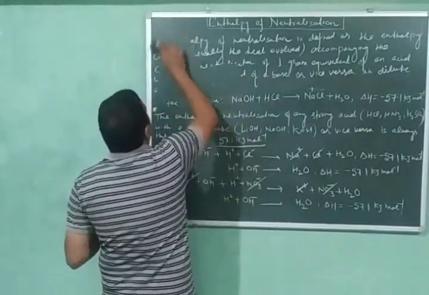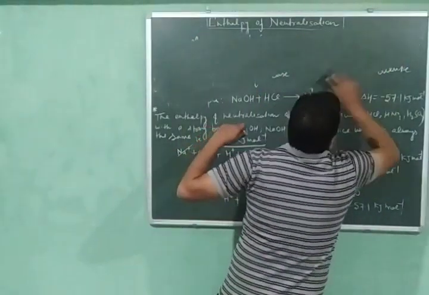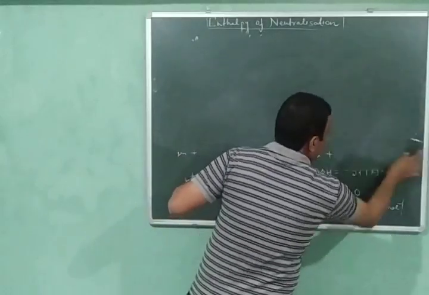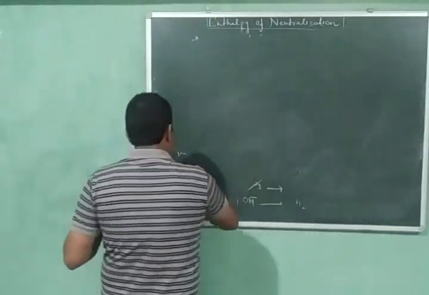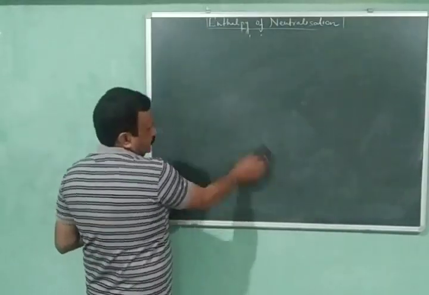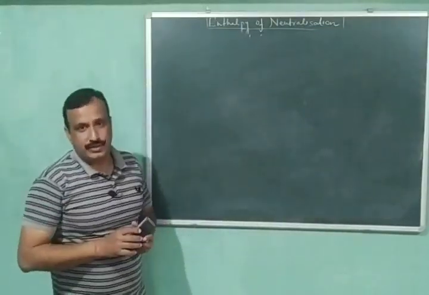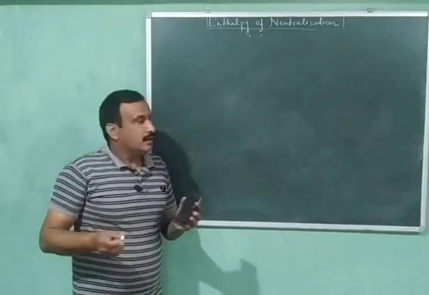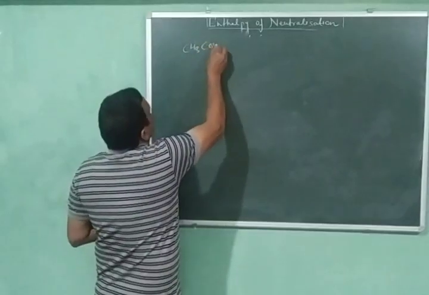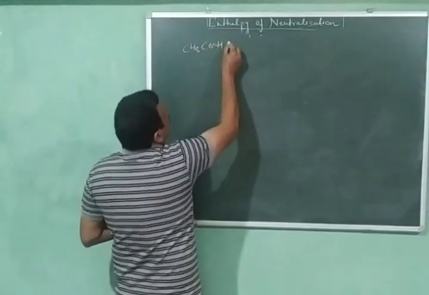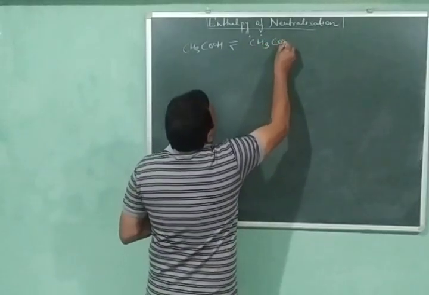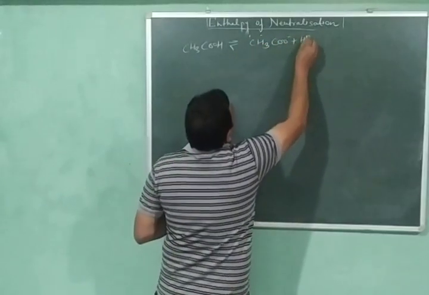So here I am taking a weak acid, acetic acid, and a strong base, sodium hydroxide. And as we all know, these weak acids do not ionize completely, and acetic acid's ionization will be represented in this manner, that is it gives CH3COO negative plus H positive.